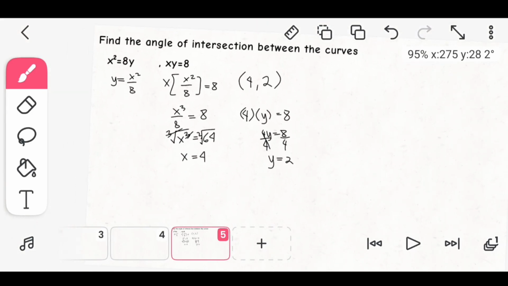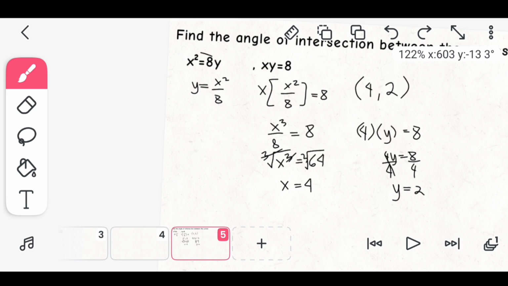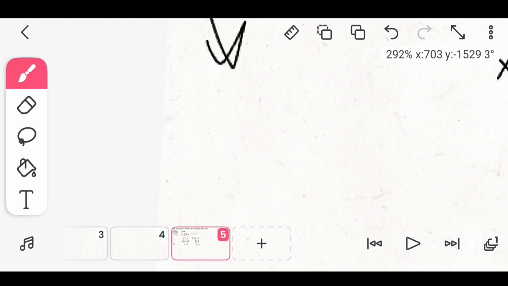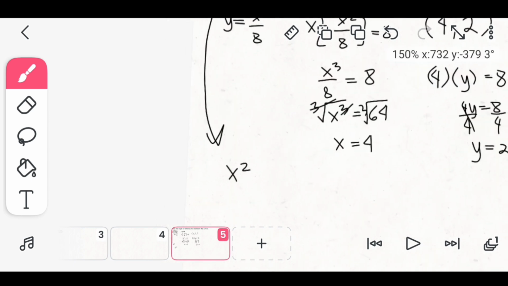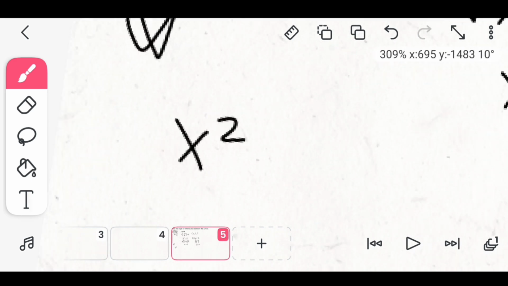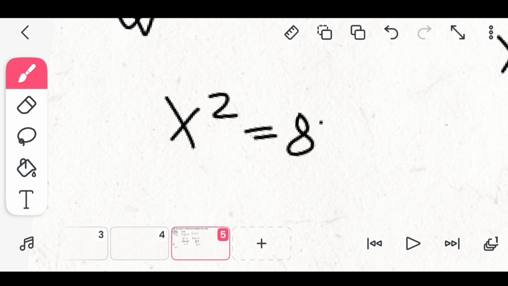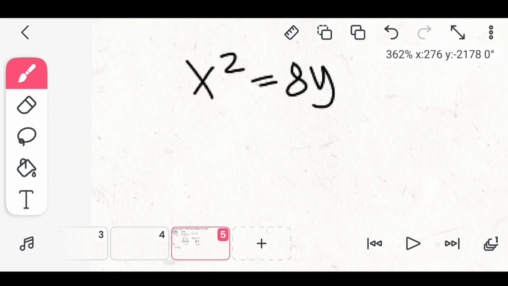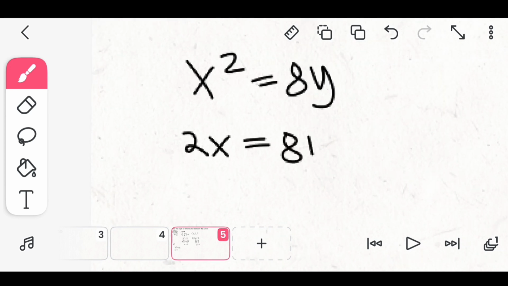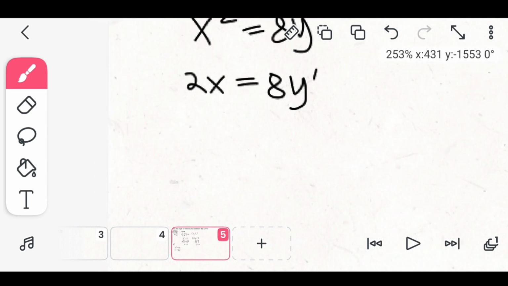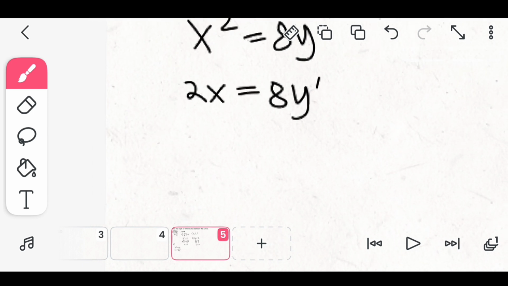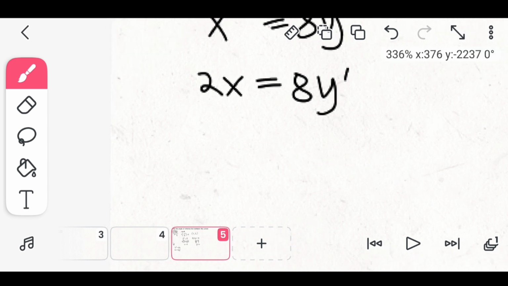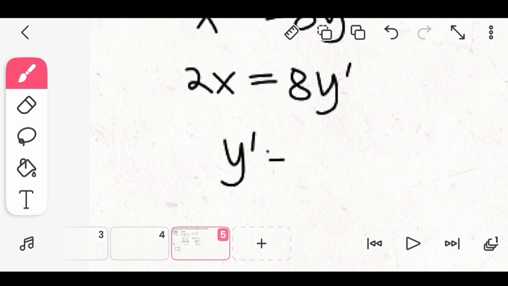Now that we found the value of x and y, we need to derive both equations. We need to derive 8x squared equals 8y, this is just explicit.